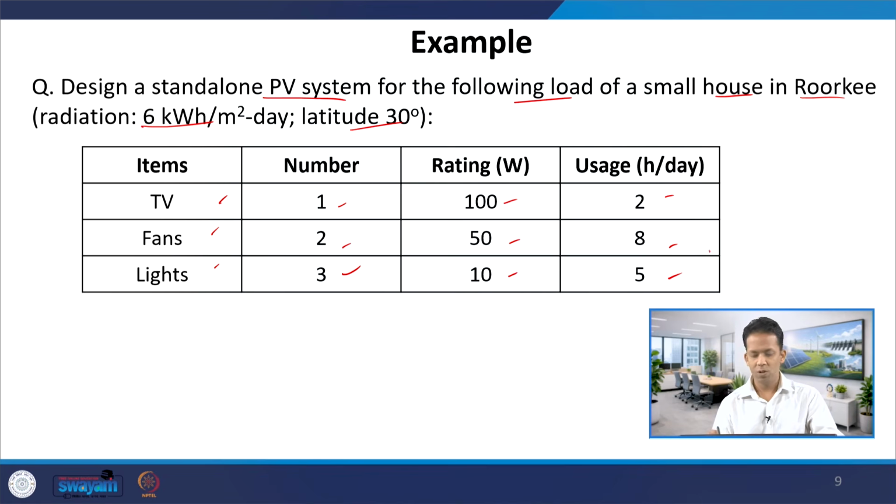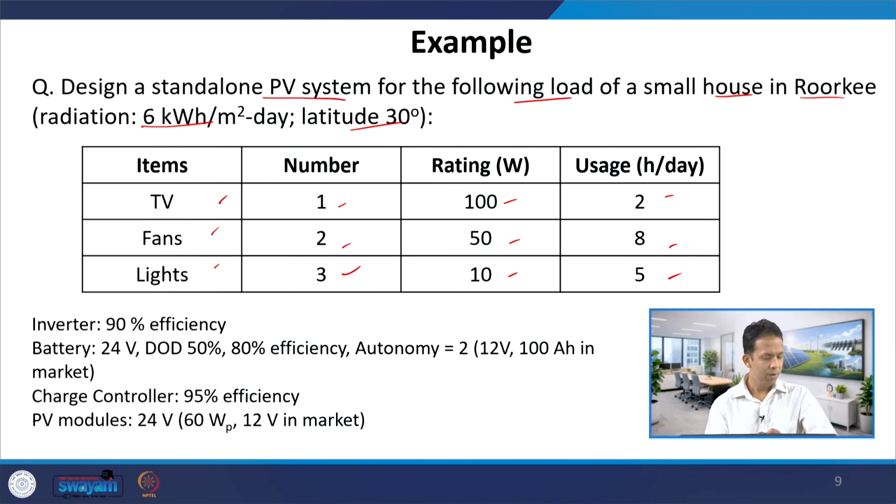We know the components of a standalone PV system, and all those components will be purchased from the market, so some market availability ratings would be given to us. For example, inverter is 90% efficiency, battery 24 volt, depth of discharge 50%, efficiency 80%, autonomy is 2, and the ones available in the market are 12 volt 100 ampere hour.